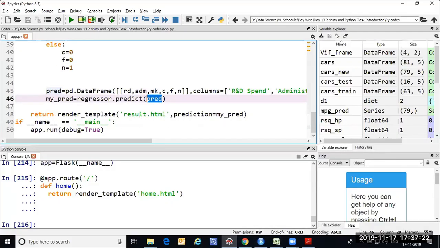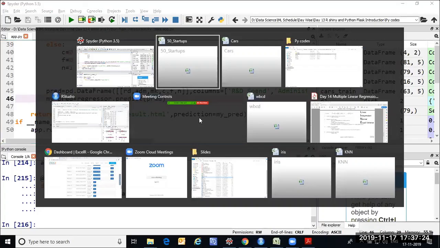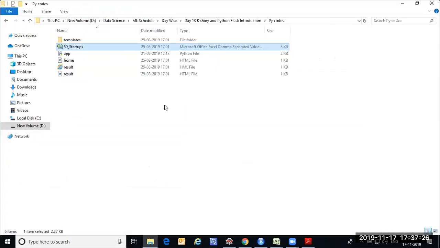We are returning this result, prediction equal to my pred. What do I have in the result?